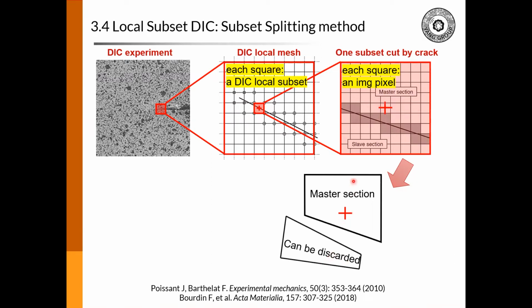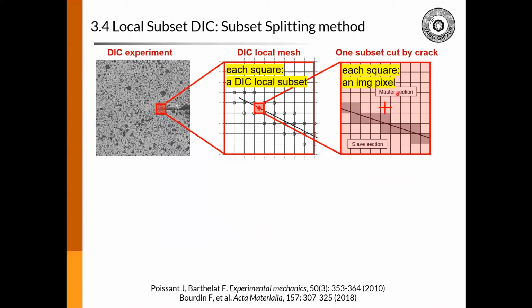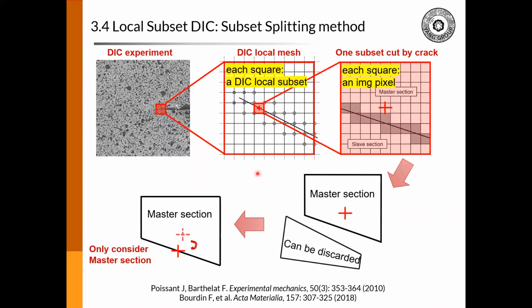I only use that part of the subset to track its deformation. Again, you can also remesh, like a mesh, based on the centroid, and put the nodes exactly along the crack line. So it's still very good. It's quite useful.